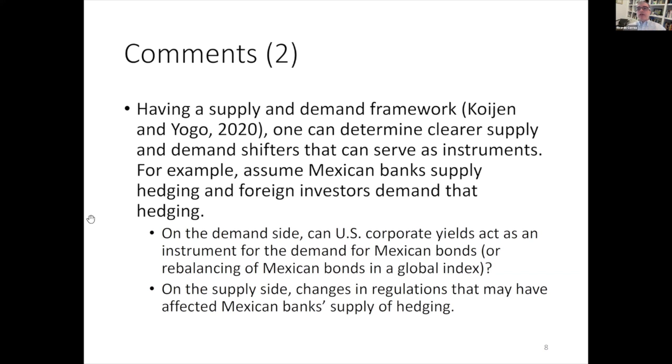So if there's a rebalancing on some of these global indexes, the demand for Mexican bonds may change, and that's going to give you an instrument to try to see whether the demand for hedging is going to shift or not. On the supply side, you can think about the regulations that affect the Mexican banks. The global banks in Mexico, those foreign banks that have subsidiaries there, and also the other banks, and see whether the supply, if they're doing the supply, whether that's shifting that supply or not.